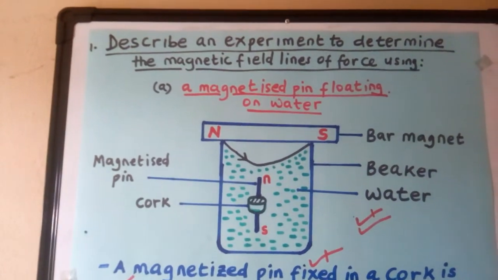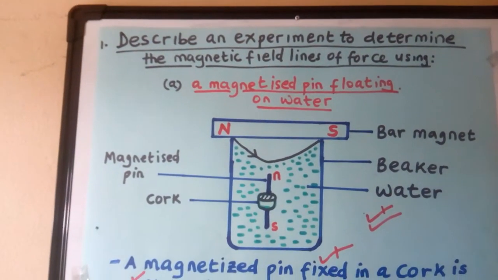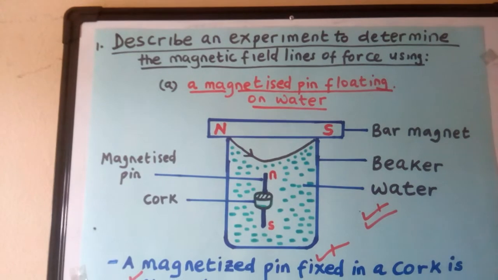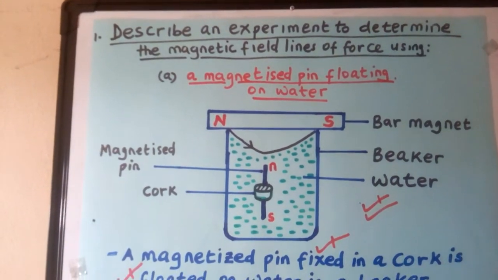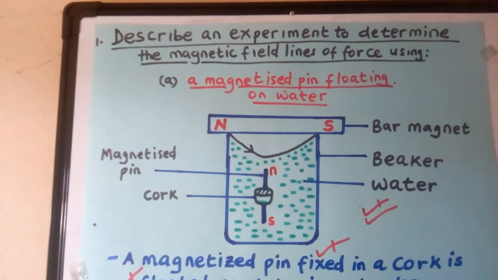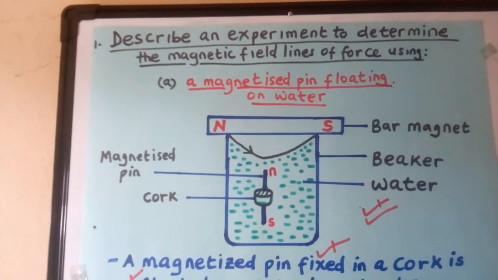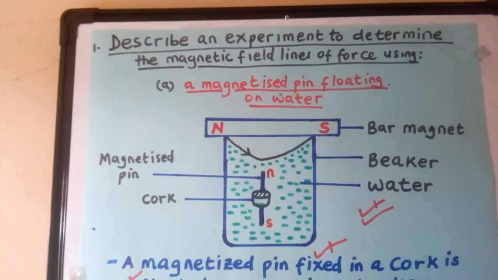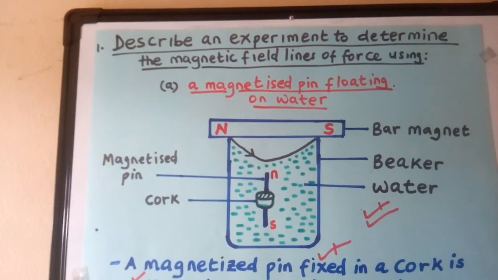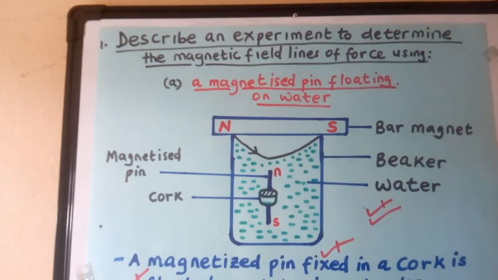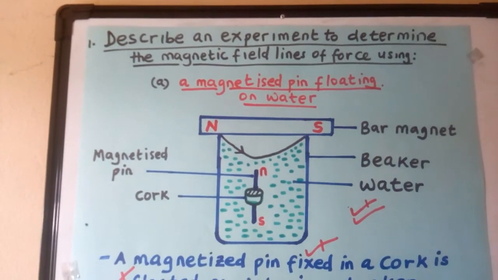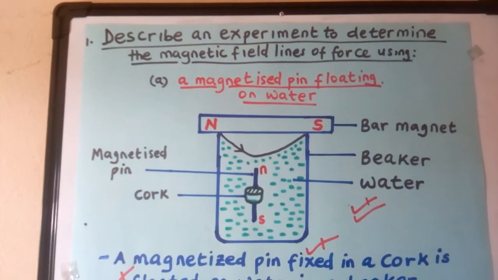Okay, now we are looking at an experiment to determine the magnetic field lines of force. So the question is, describe an experiment to determine the magnetic field lines of force. What does that mean? We are saying the magnetic field lines of force move from north and they go towards the south.